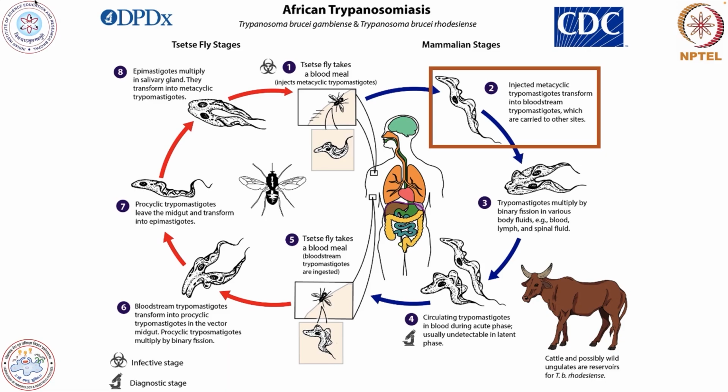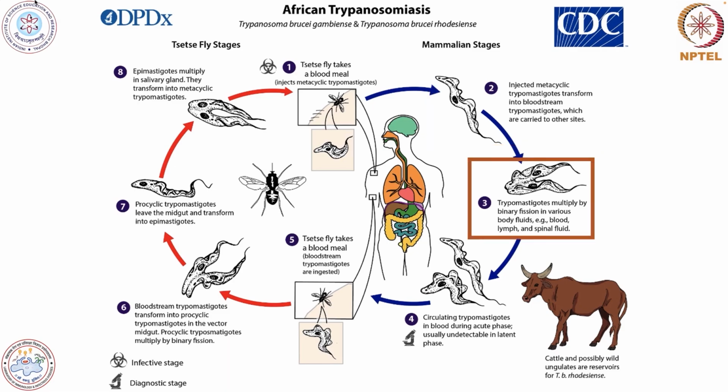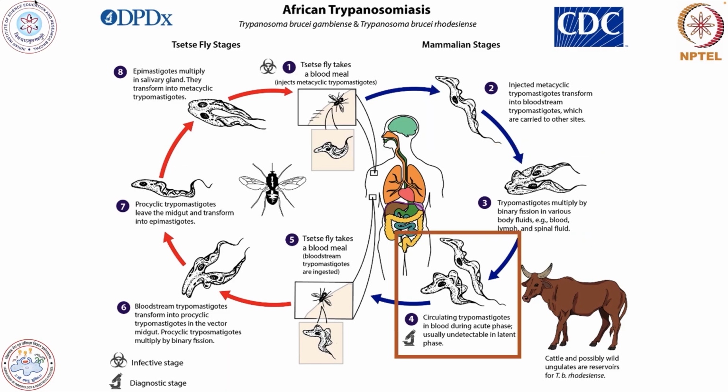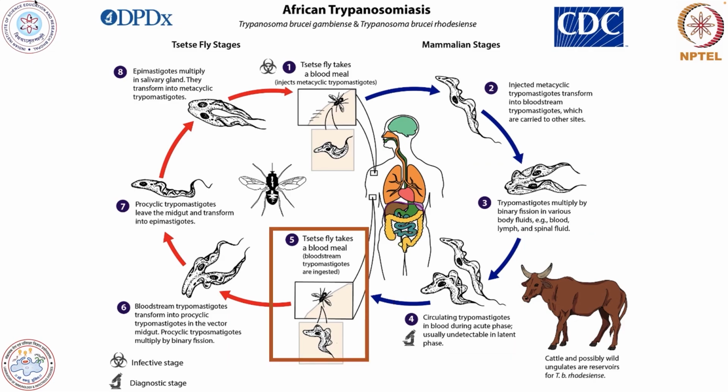The entire life cycle of this African trypanosome is represented by extracellular stages. The tsetse fly becomes infected with bloodstream trypomastigotes when taking a blood meal on an infected mammalian host. Here you can see these trypomastigotes being taken up by the tsetse fly.